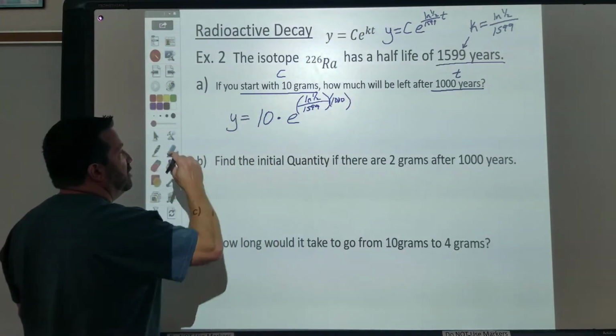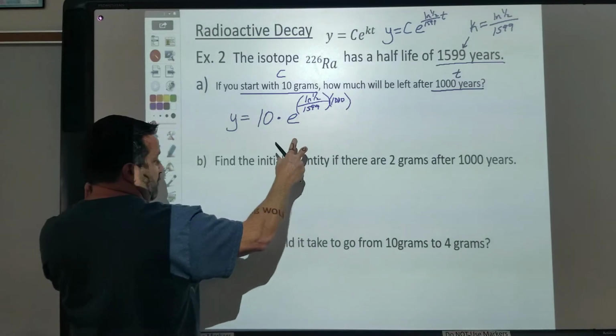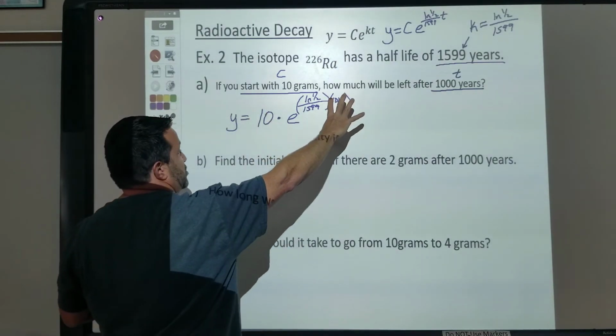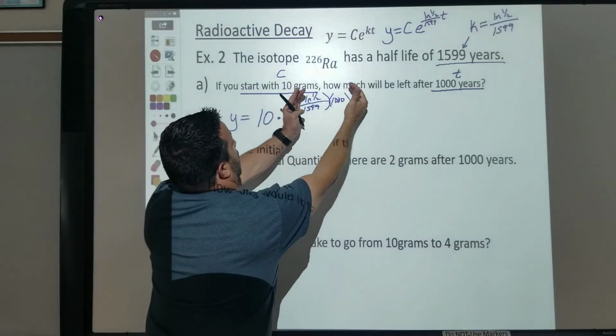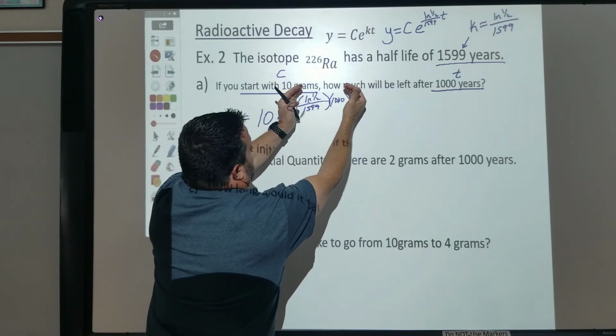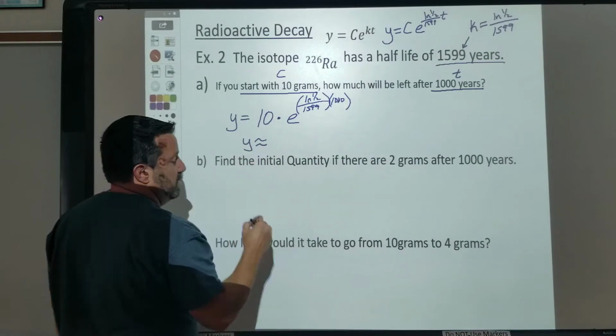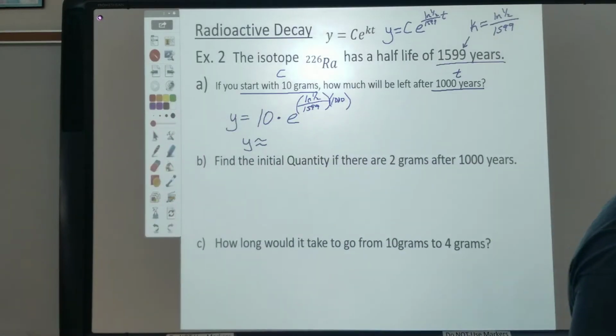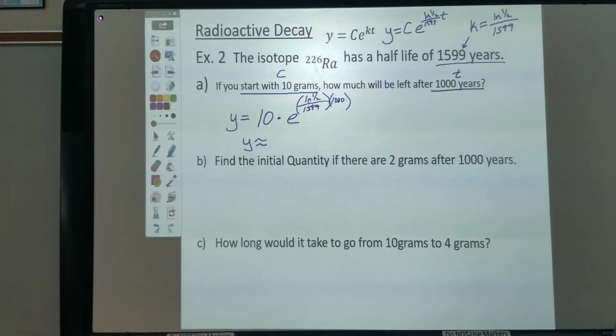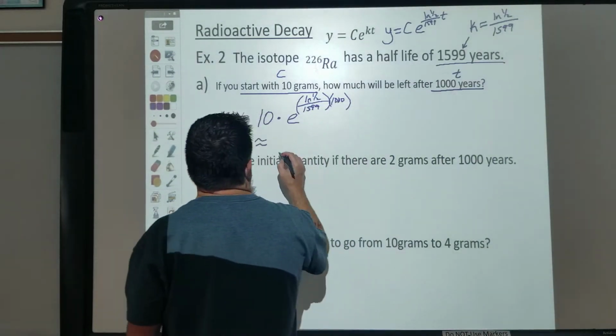So this one is just very straightforward. You're going to grab your calculator and type this all in, but make sure you put this whole exponent into its own set of parentheses. And when you do that, that y value turns out to be about 6.48 grams.